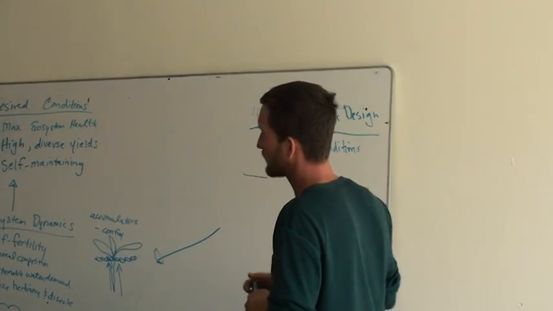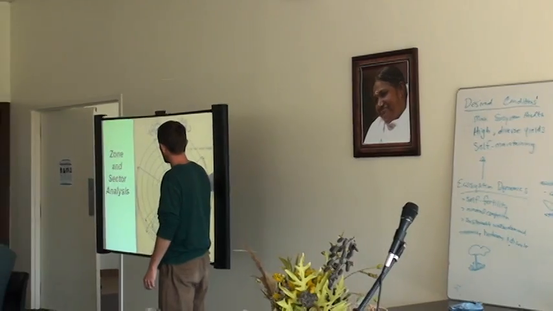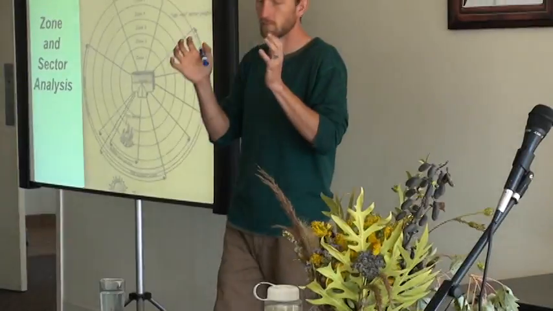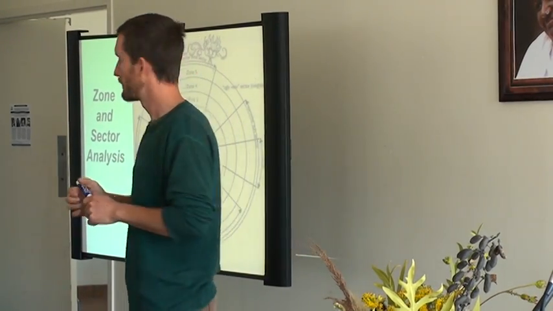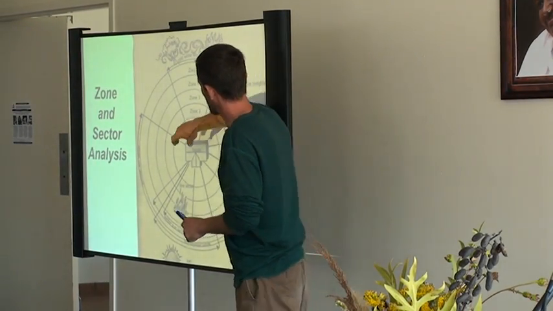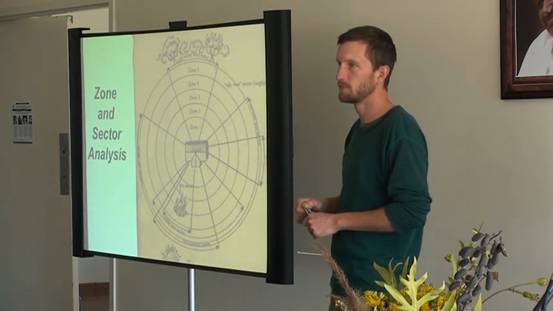The easy way to represent them is to start in the center of your design, where your house or your locus of activity is, and then draw out these wedges or pieces showing where different energies are coming from.